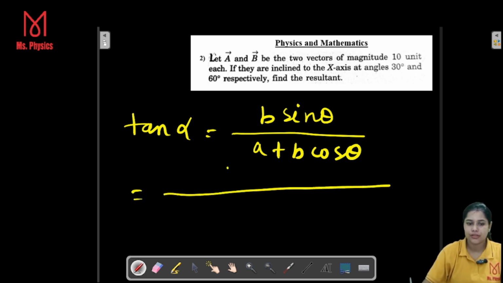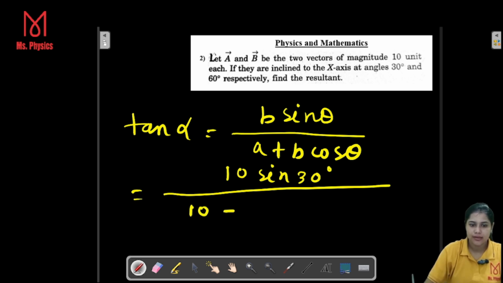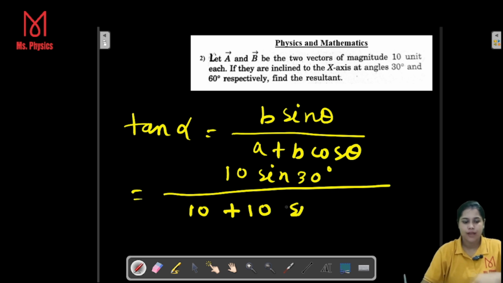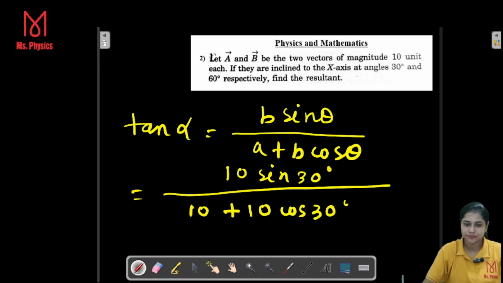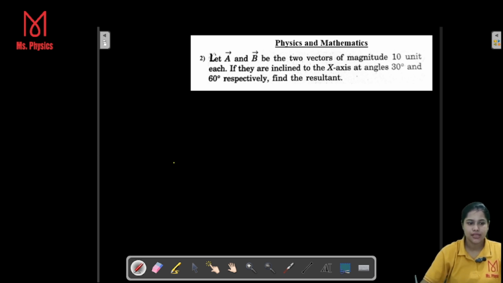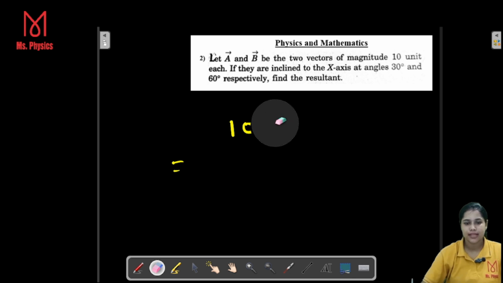That is, b is equal to 10, sin 30 degree, over a, which means 10, plus 10 cos 30 degree. So if you do the calculation, 10 sin 30 degree: we know the value of sin 30 is half.